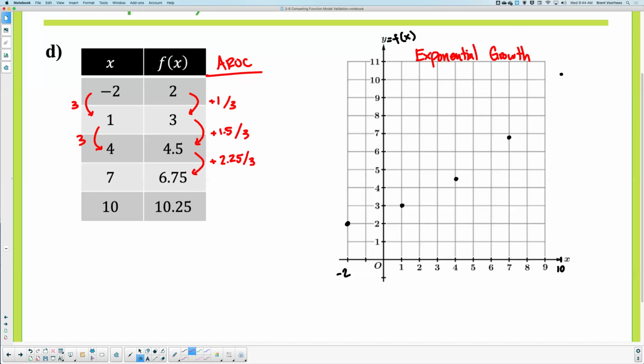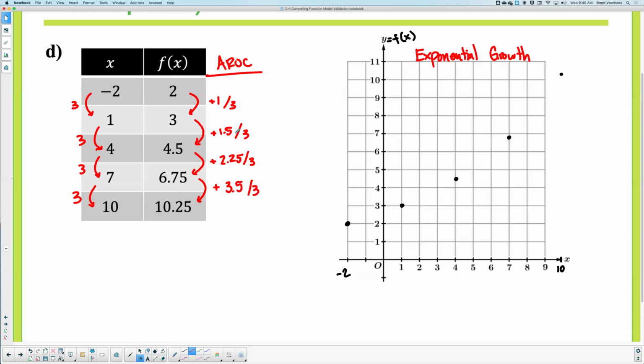2.25. At this stage, if it was only here, you could be going, that might be quadratic. But this one will really give it away because you're like, well, it increased by 0.5, now 0.75. That's okay, but this one will really give it away, whether it's exponential or quadratic. From 6.75 to 10.25. 3 point how much? 5.